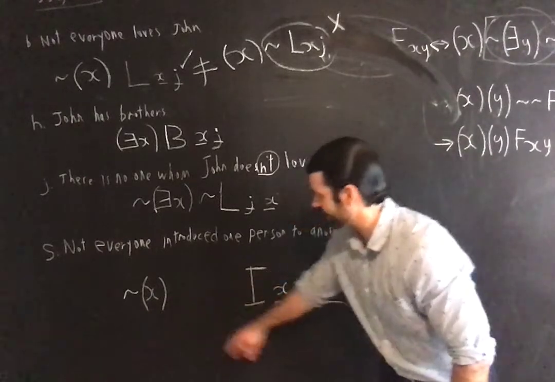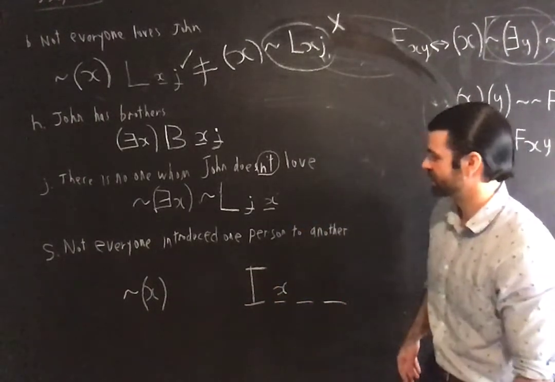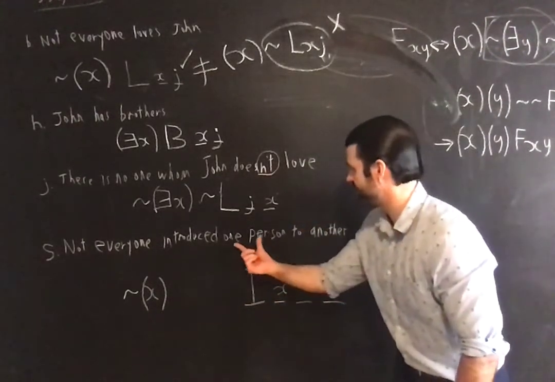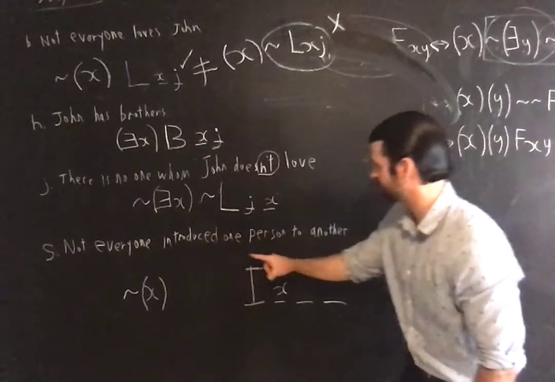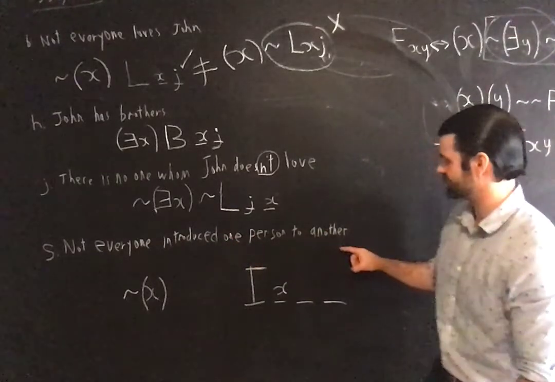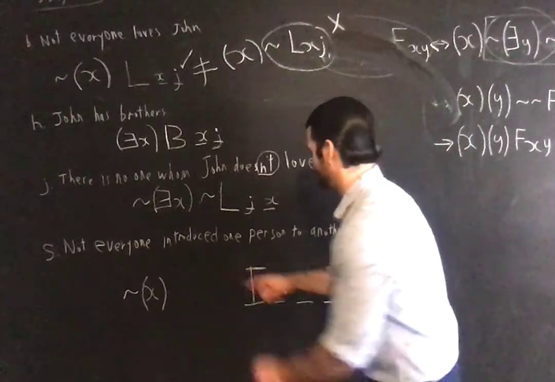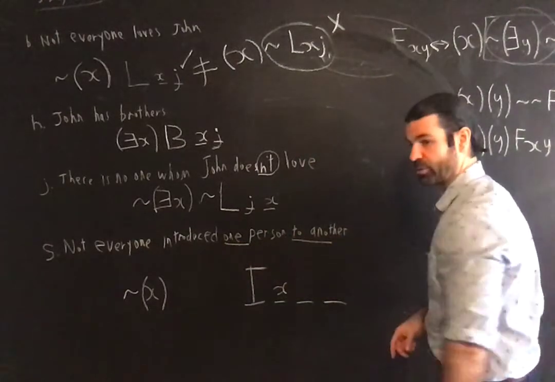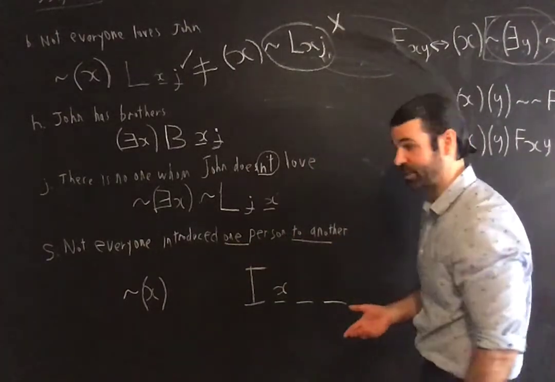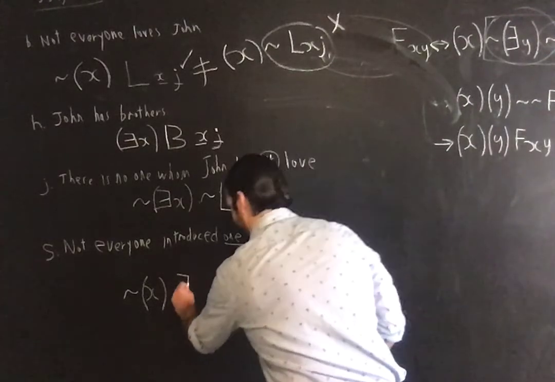There does not exist an X such that what? Such that there's a person that the X introduced another person to. So one person to another, both get quantifiers.